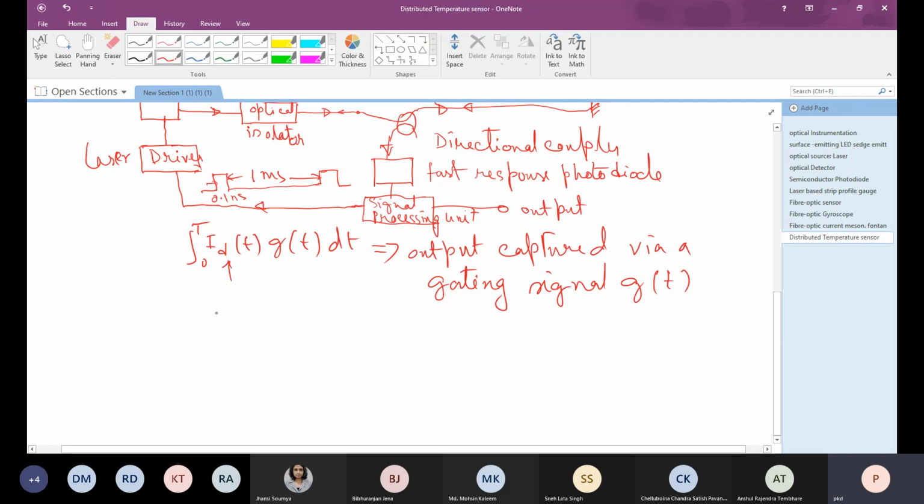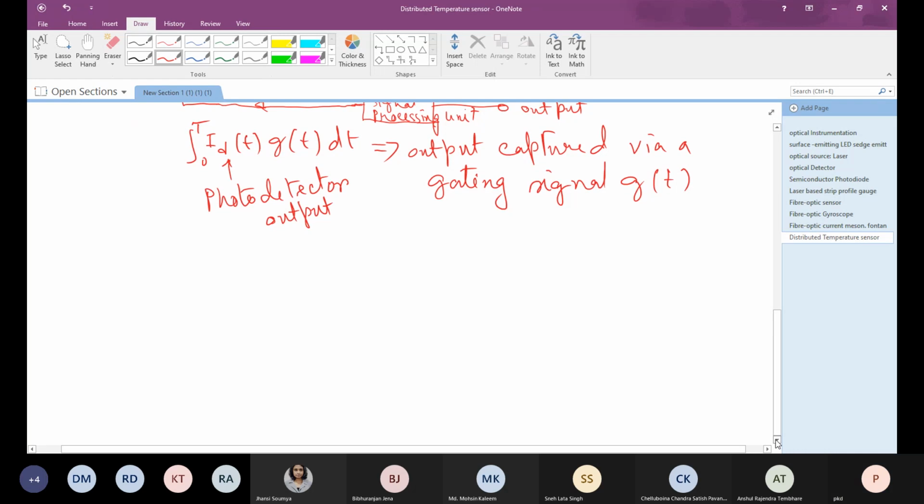And this is the photo detector output. So this is the final output here.